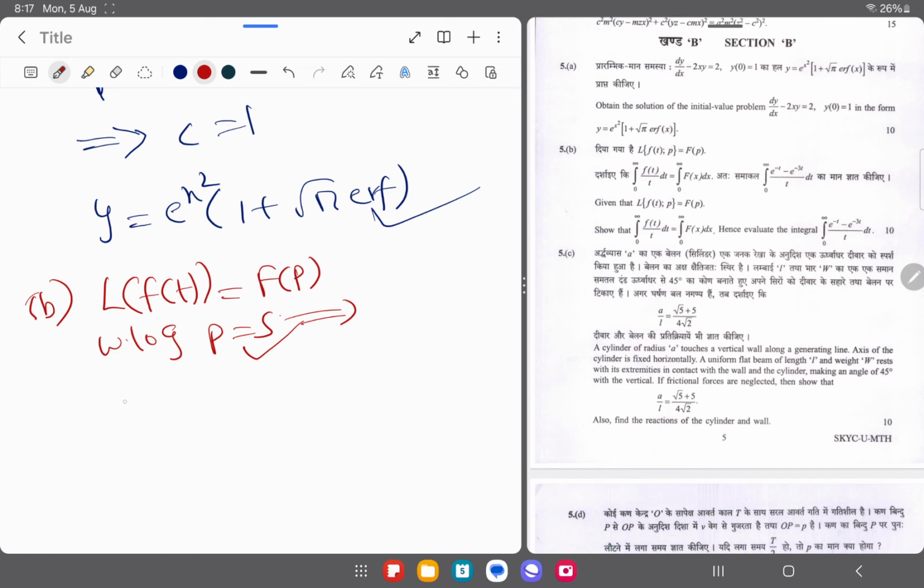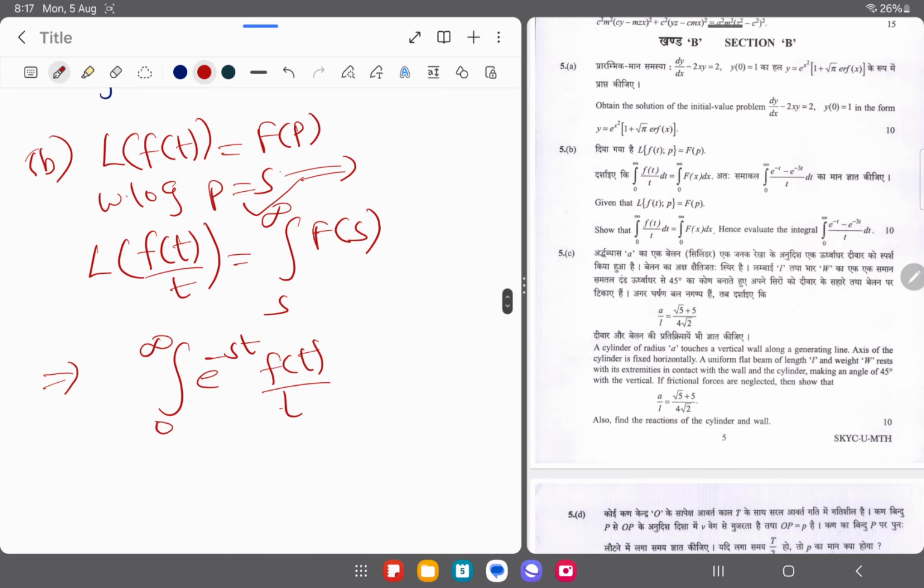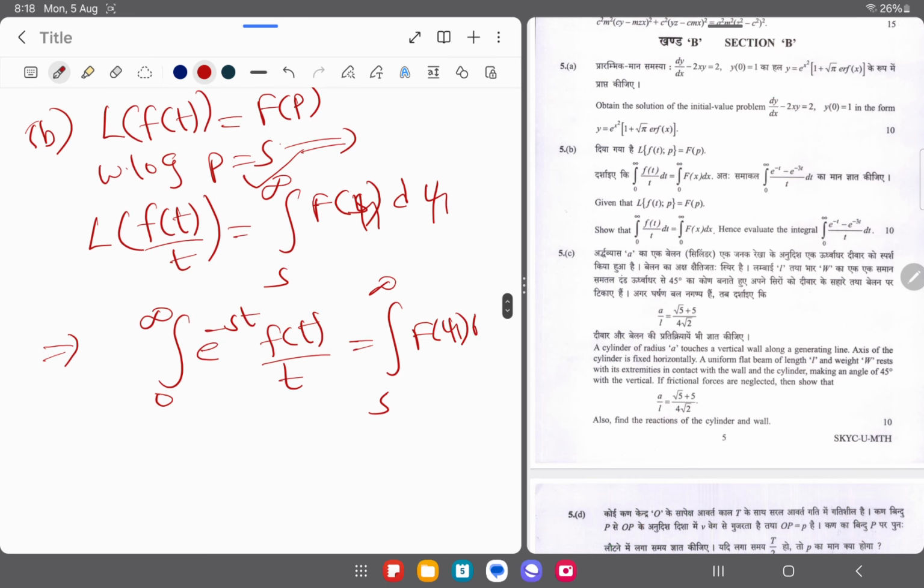So we know that L of f(t) by t is equal to integral s to infinity F(s) ds, right? This means integral 0 to infinity e power minus st f(t) by t dt is equal to integral s to infinity F(psi) d psi.